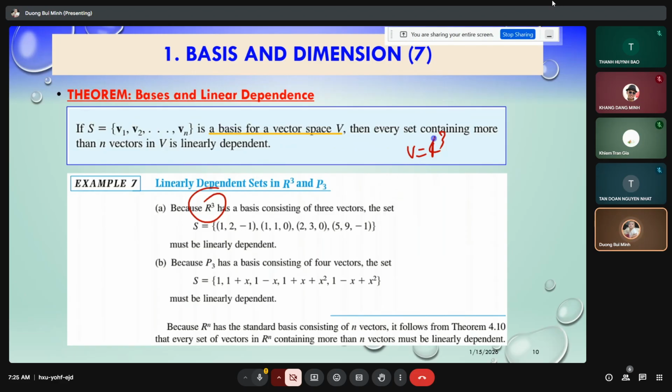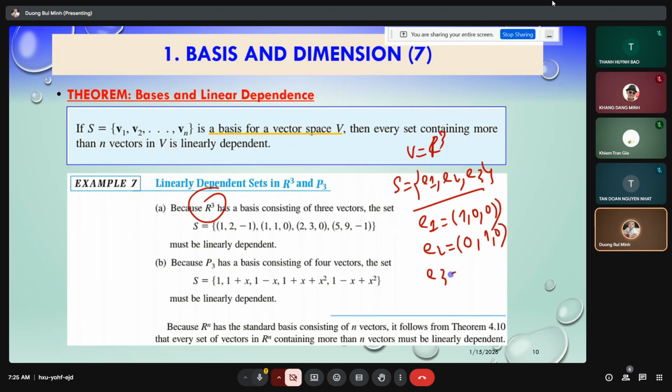So can we know the standard basis? Yes. S is e1, e2, and e3, the standard basis, because e1 is 1, 0, 0, e2 is 0, 1, 0, and e3 is 0, 0, 1.